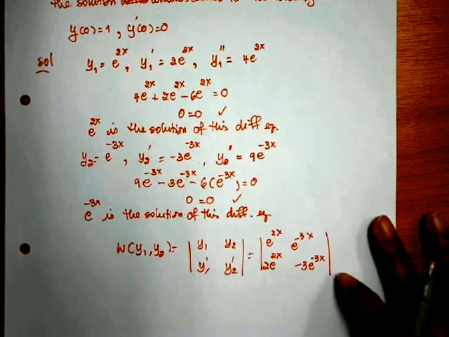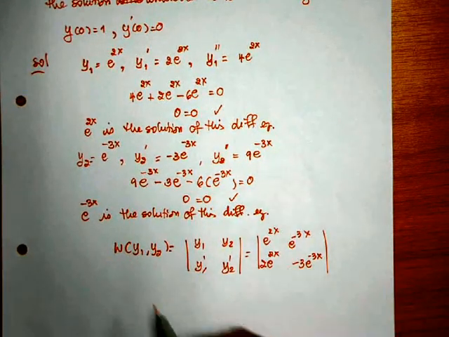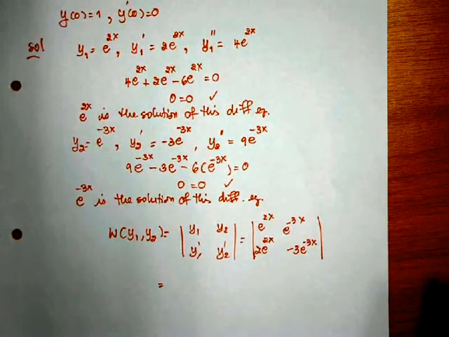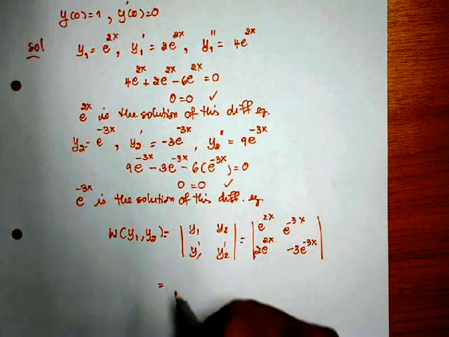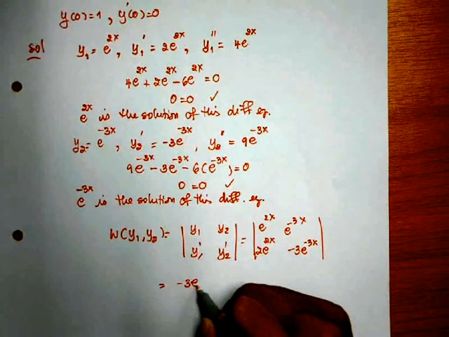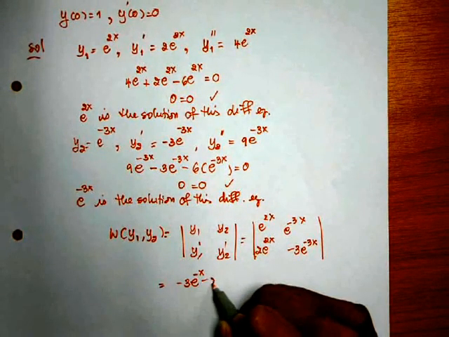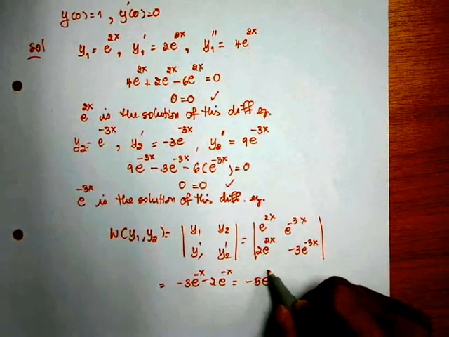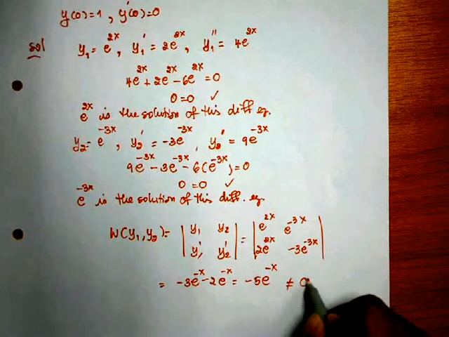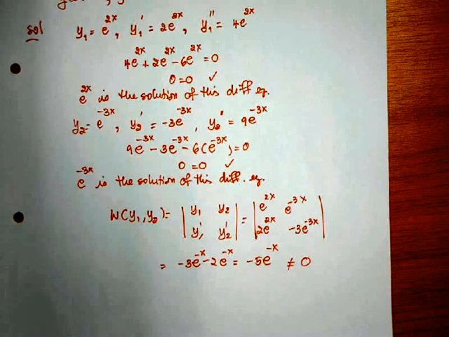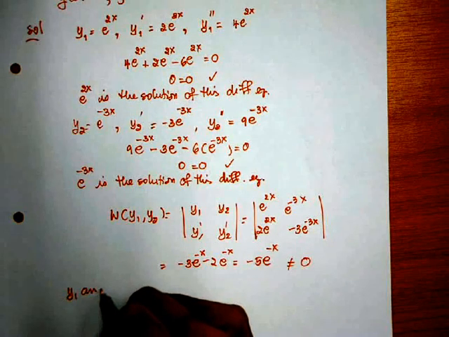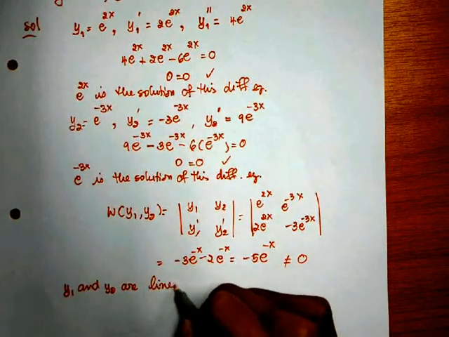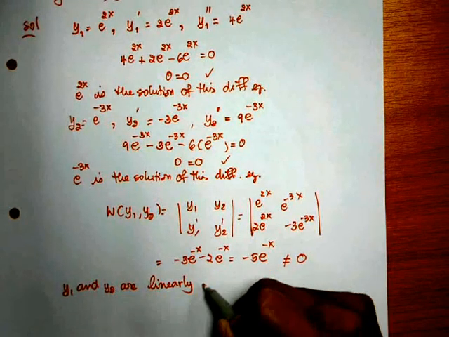For 2 by 2, it's easy, right? I guess everyone knows how to do the determinant of a 2 by 2 matrix, right? We would get minus 5 exponential of minus x, which is not equal to 0. That means y1 and y2 are linearly independent.